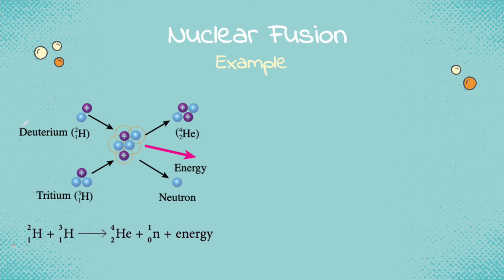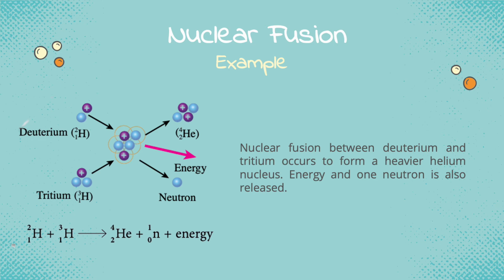What you can see in the picture, there are 2 small and light nuclei, right? Based on the picture and equation given, nuclear fusion between deuterium and tritium occurs to form a heavier helium nucleus. Energy and 1 neutron are also released.